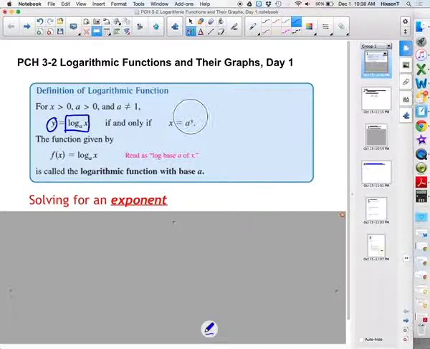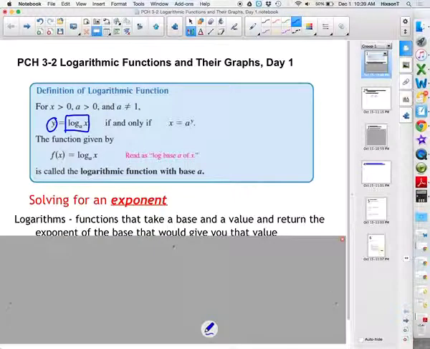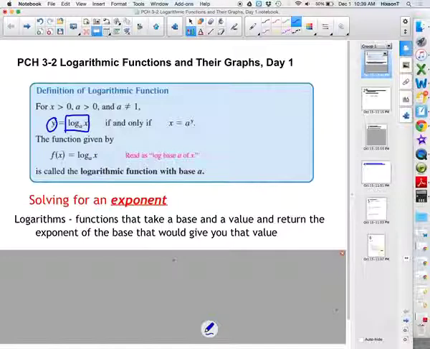So make sure you understand that. We're dealing with exponents here. The logarithm is a function that takes a base, so the base a, and a value, that's what the x is, and it returns the exponent of that base that will give you that value, in this case, x.